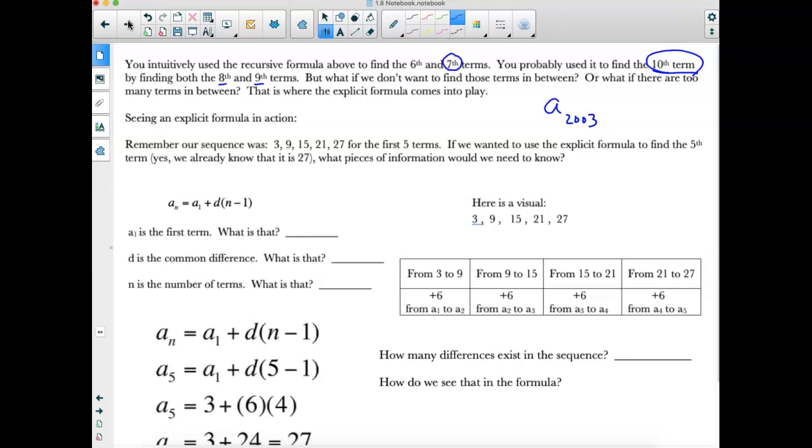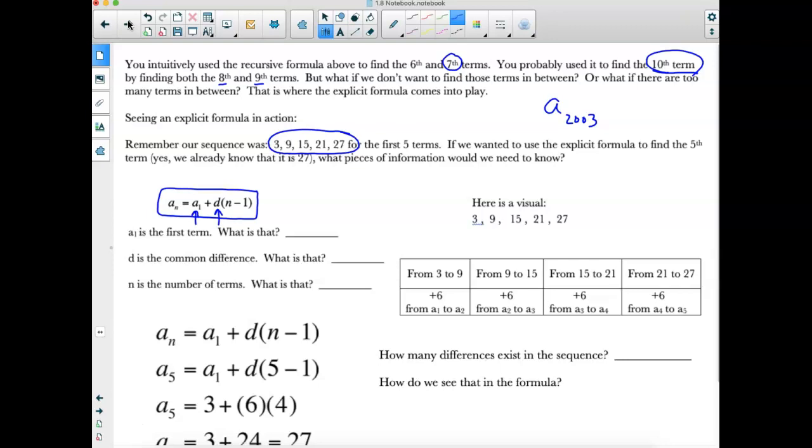And how the explicit formula is run, this is a general formula of how to write an explicit formula for an arithmetic sequence. And in order to do that, we need to know the first term and the common difference, or ways to find them. And I'm not going to extrapolate on that much, but basically, here's my sequence we're talking about, okay?